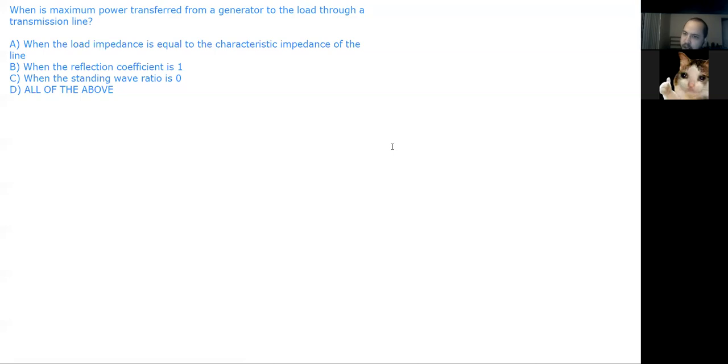Yeah, it's not ever going to be 1, so if B is wrong, that means D is definitely wrong. And this standing wave ratio is never going to be 0. No way. Even if they are flipped, B and C are flipped. Yeah. So the coefficient should be 0 and the ratio should be 1. So A is right. Yeah.